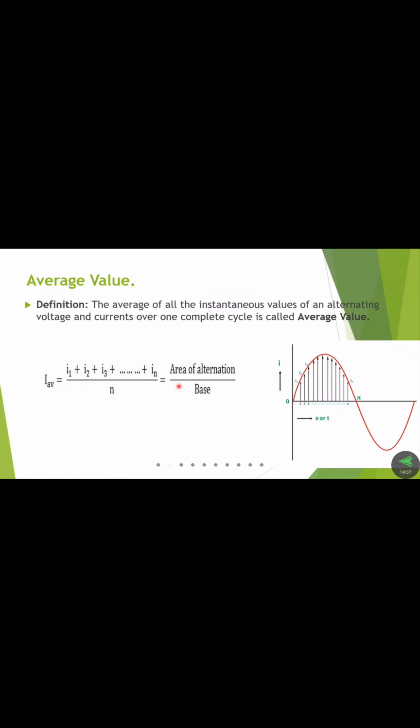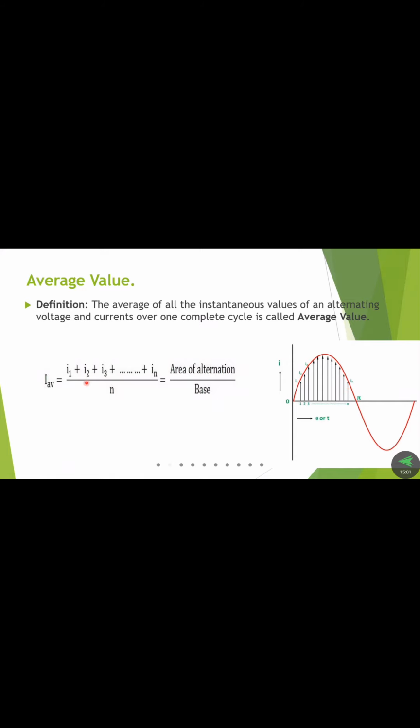Next, average value. Average value is the average of all instantaneous values. Here we take a current waveform; you can take the voltage value also. Taking current as reference, it is split into a number of current parts, I1 to IN.